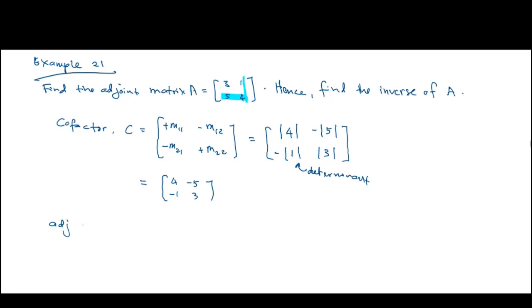Therefore, the adjoint of matrix A is the transpose of the cofactor matrix, that is 4, negative 5, negative 1, 3 transposed. Transpose means the first column becomes the first row, 4, negative 1, and the second column becomes the second row, negative 5, 3.